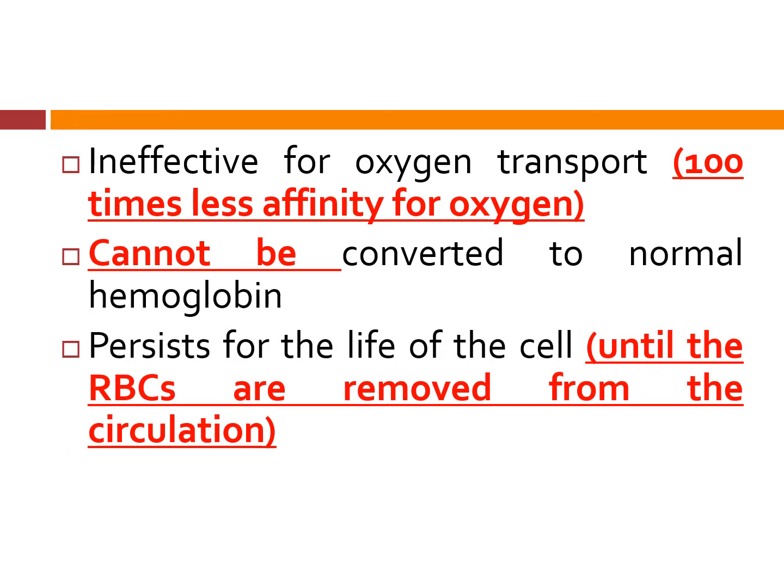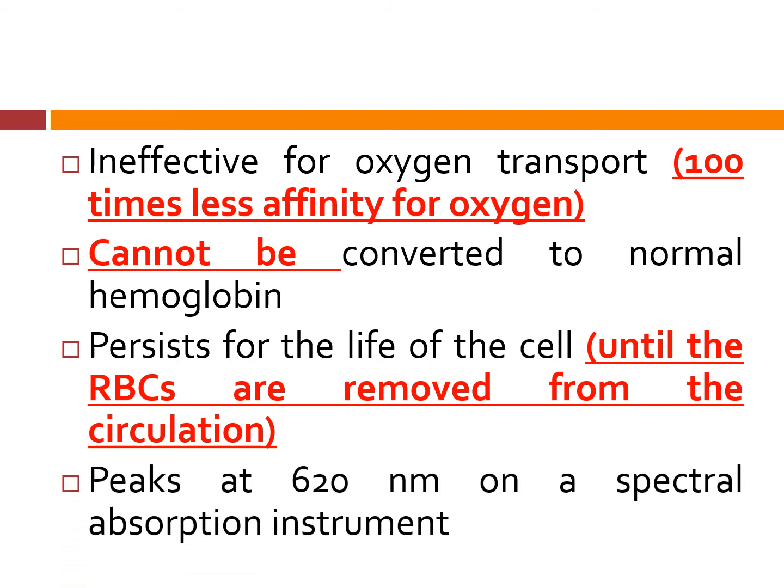So once your hemoglobin has been modified into sulfhemoglobin, it will persist for the life of the cell until the RBCs are removed from the circulation. So how do we identify sulfhemoglobin? Again through a spectral absorption instrument, and it peaks at 620 nanometers.